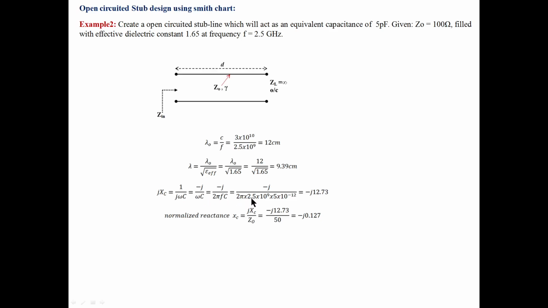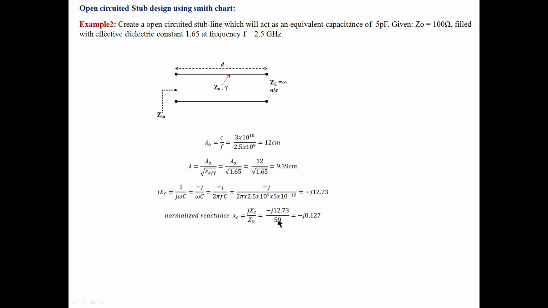Here the frequency is 2.5 gigahertz, 2.5 into 10 to the power 9, and 5 picofarad, 5 into 10 to the power minus 12. Simplify this and you will get minus j 12.73 reactance. This is the actual reactance. But to use it in the Smith chart, you should divide this by the characteristic impedance, that is, normalize it.